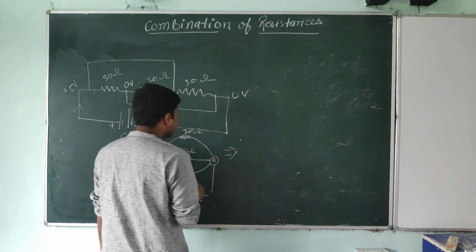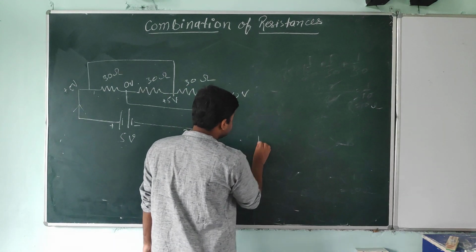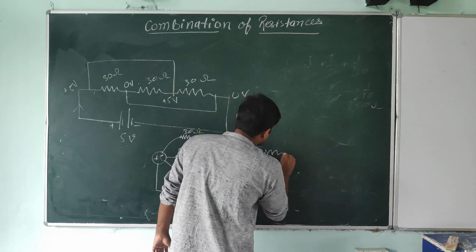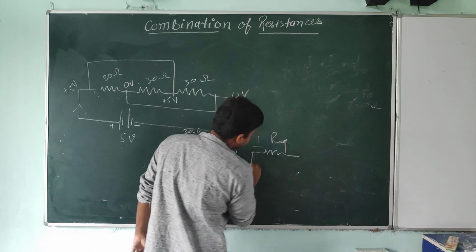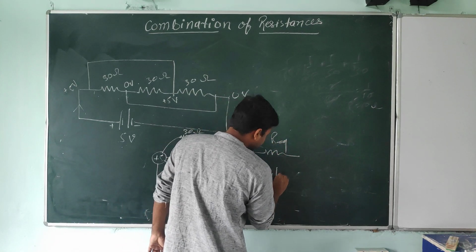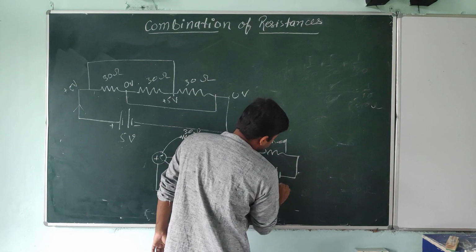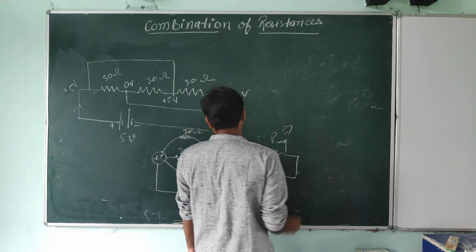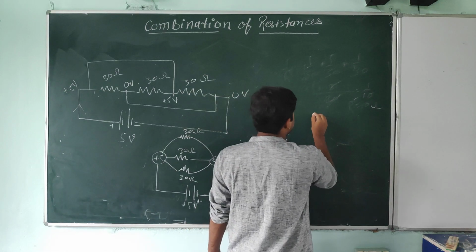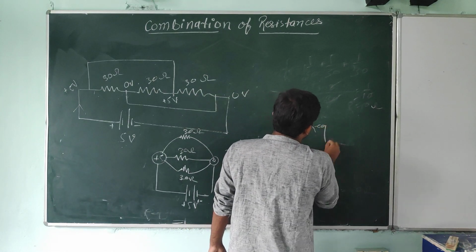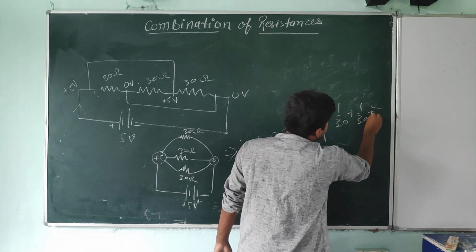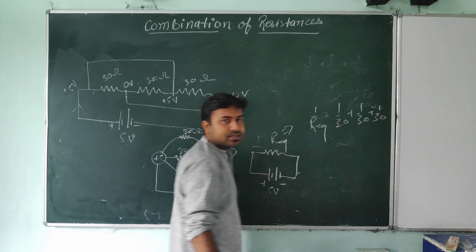So here you will get these 3 resistances. For R equivalent, first I am drawing the circuit, it will look like this, R equivalent, and here plus 5 volt. Okay, so what is the value of R equivalent? If you want to find it, 1 by R equivalent equals 1 by 30 plus 1 by 30 plus 1 by 30, is it or not?